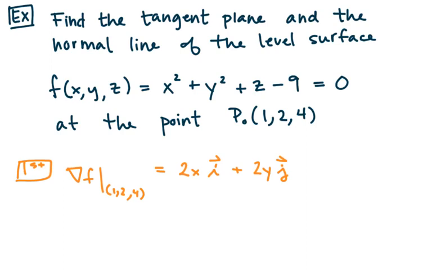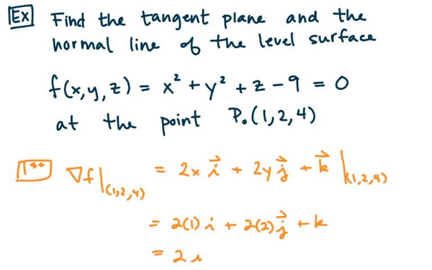And the partial with respect to z is 1, so I have 1 k. Of course, I need to evaluate this at the ordered triple (1, 2, 4). So 2 times 1, i, plus 2 times 2, j, plus k. My gradient is 2i plus 4j plus k. Got all my little vector notations in there.